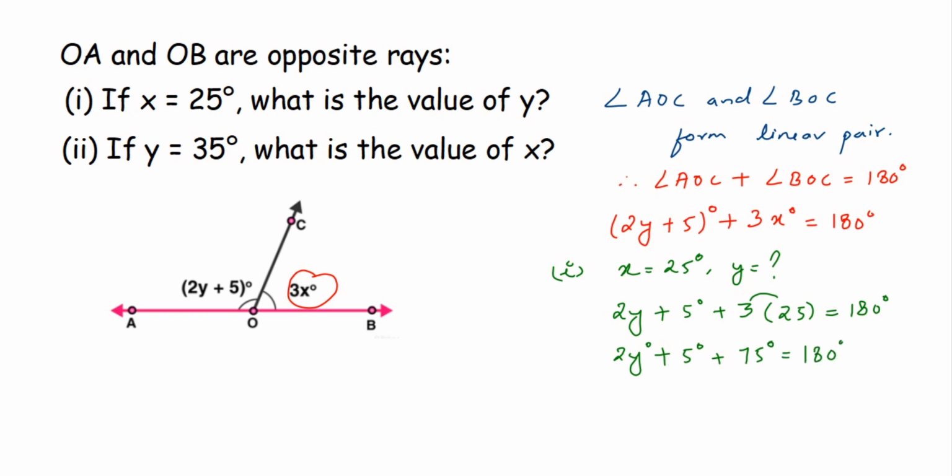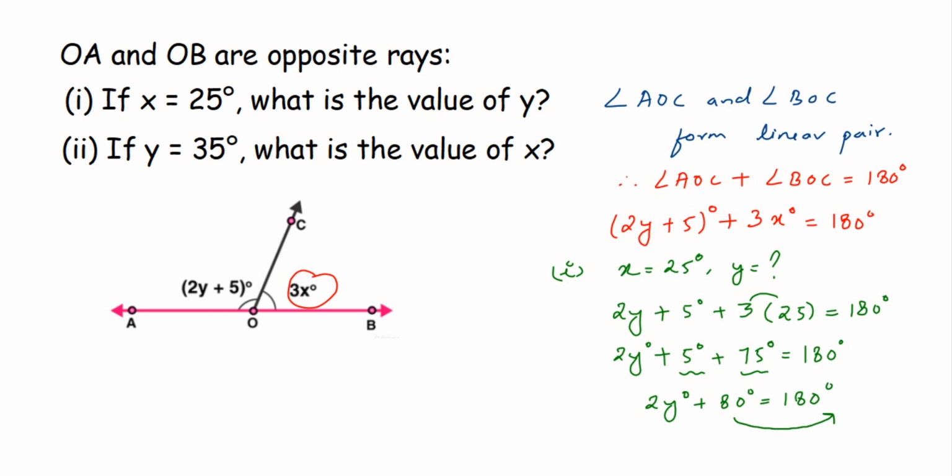Now add the constants. On the left side I have 5 and 75; adding these two, we get 2y degrees plus 80 degrees is equal to 180 degrees. Now let's transpose 80 degrees to the right side. Why am I doing that? Because I have to find the value of y, so I bring all the constants to one side and the variables to the other.